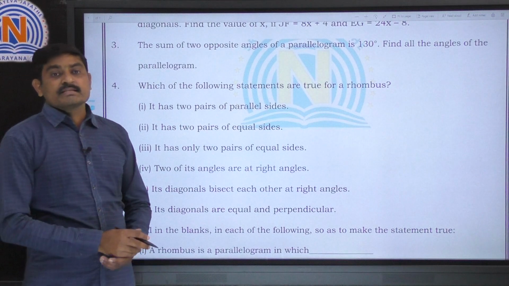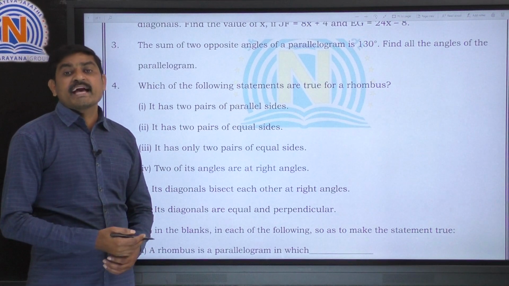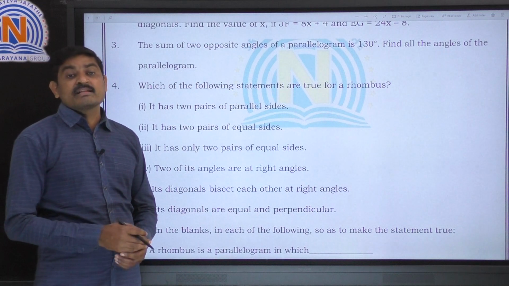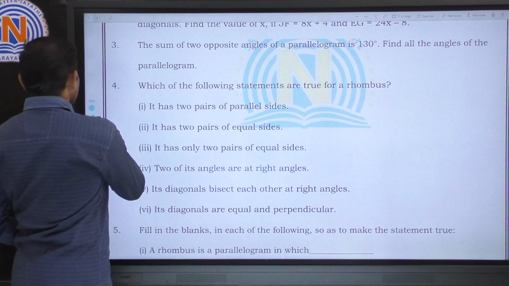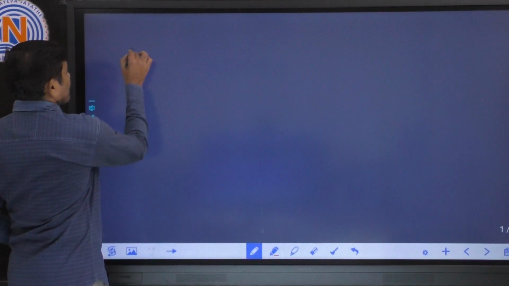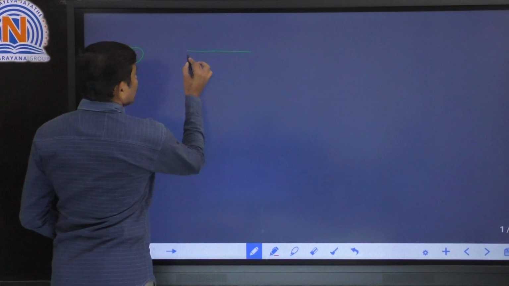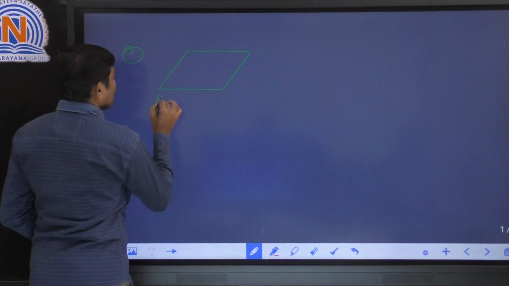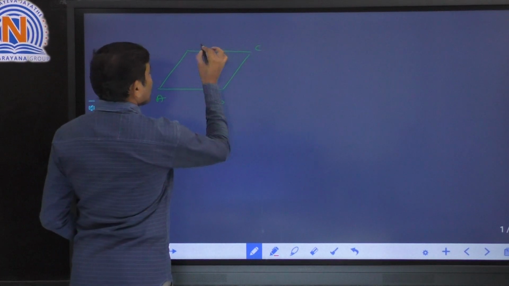See, the third one: the sum of two opposite angles of a parallelogram is 130. Find all the angles of the parallelogram. In a parallelogram, for example, ABCD is the parallelogram.